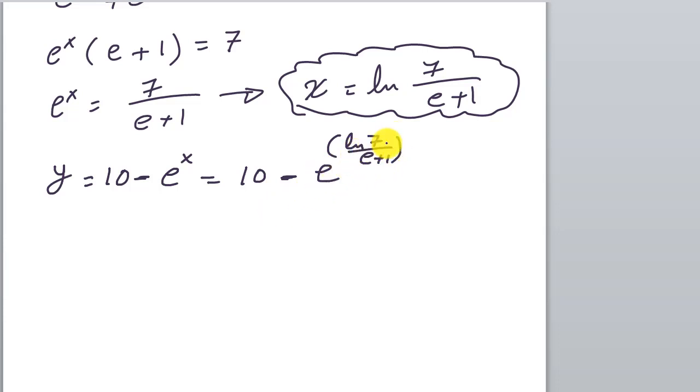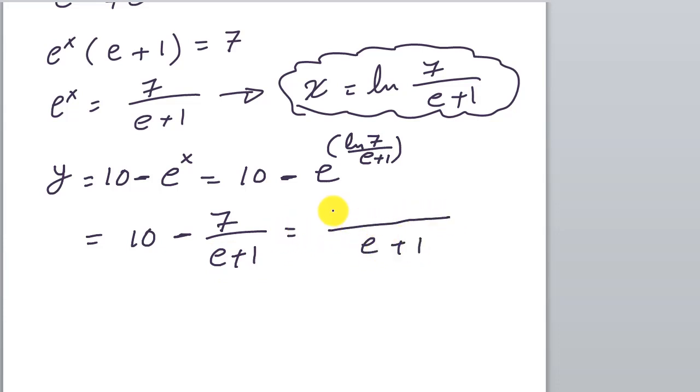So e^(ln 7) is equal to the same, so 10 minus 7 divided by (e plus 1) is equal to (10 multiplied by (e plus 1) minus 7) over (e plus 1).